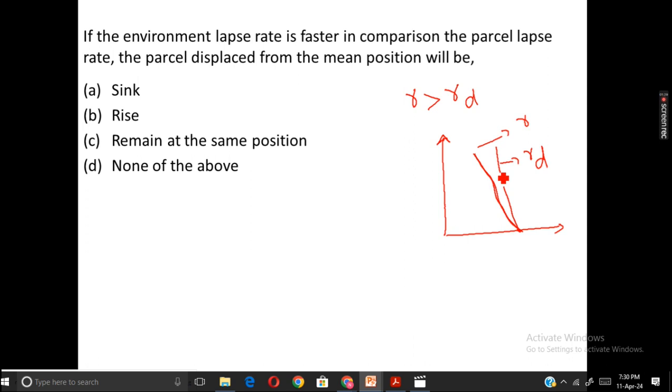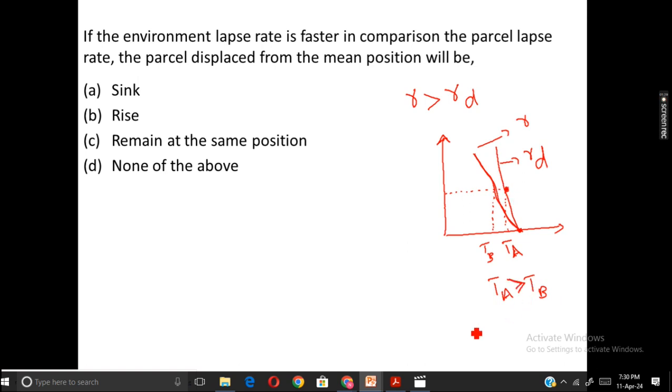So in that case, if the parcel is displaced from the mean position, what will happen? Let this be the starting point. Initially this was the parcel's point. Now it is raised to this height. At this point, the temperature of the parcel is T_A, and this is the temperature of the environment, T_B. So T_A is greater than T_B at this particular point.